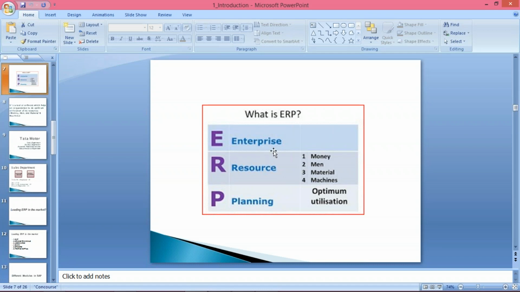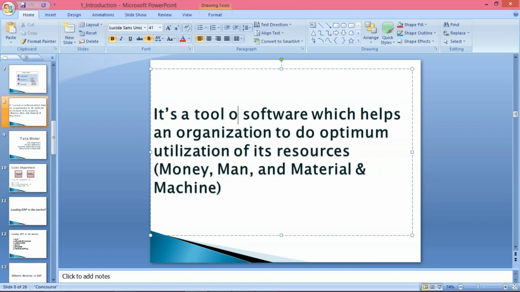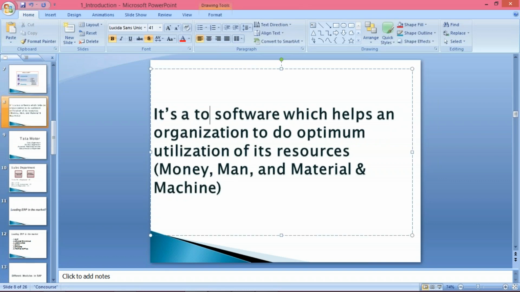Resources of an enterprise. Enterprise means an organization. So the simplest definition of an ERP is that it's a tool or software. If tool is going to be confusing, I'll just say it's a software. Now it will be easy for you to understand.